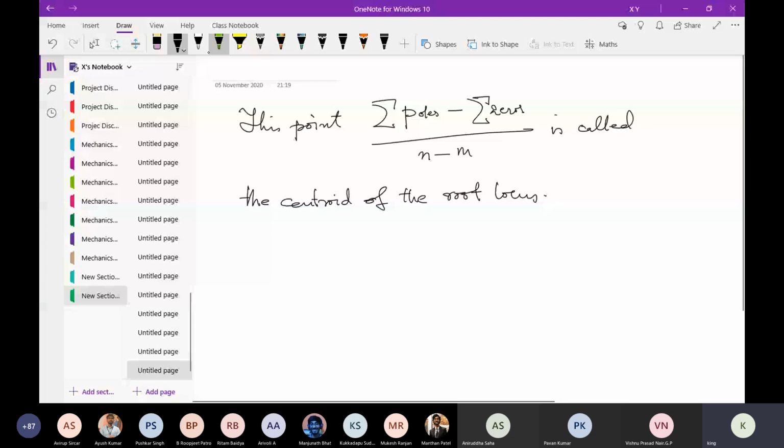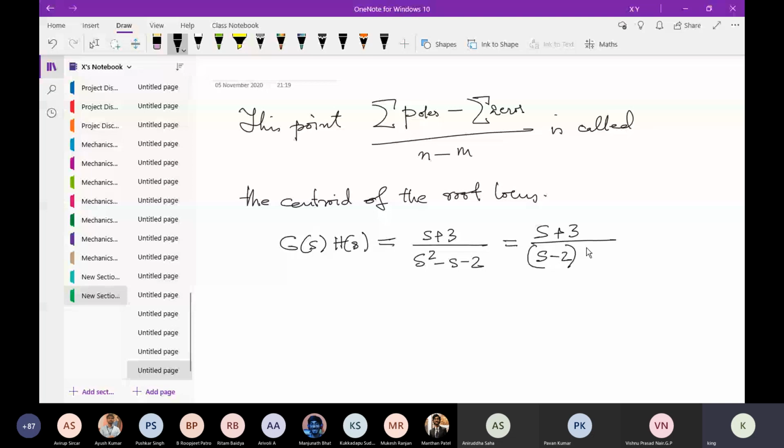So if you look at, say, a case of G(s)H(s) which is easier to factorize, you can factorize this easily, and you get the poles.